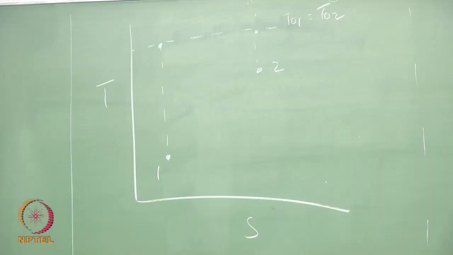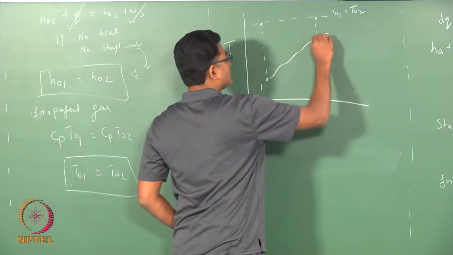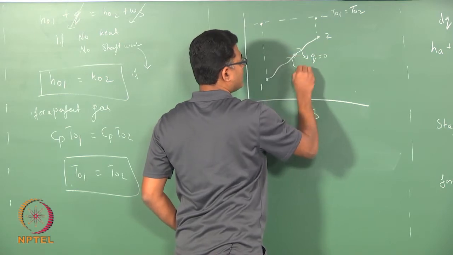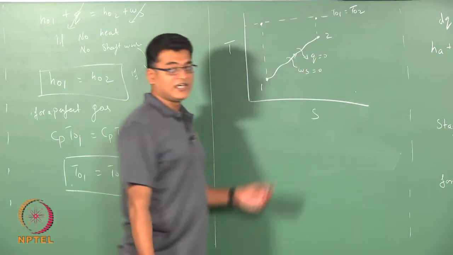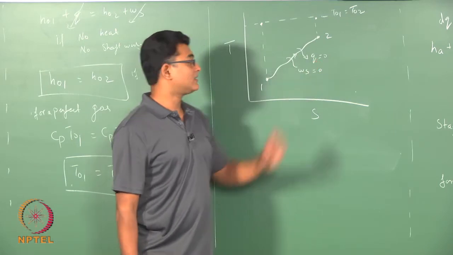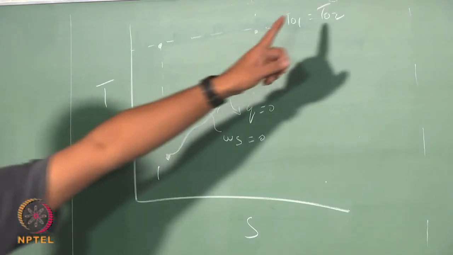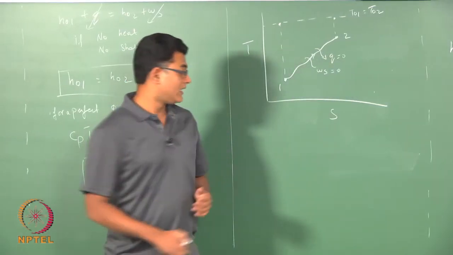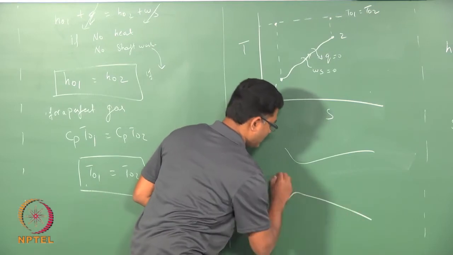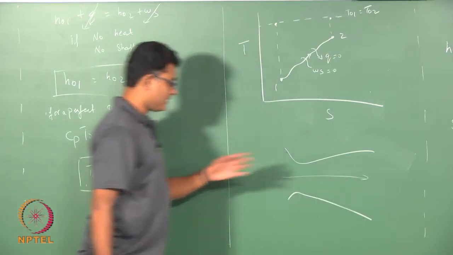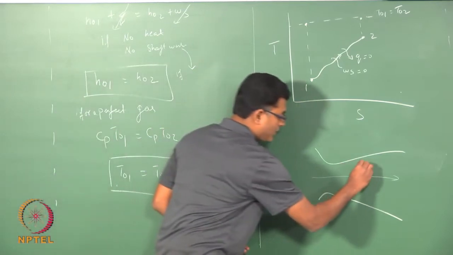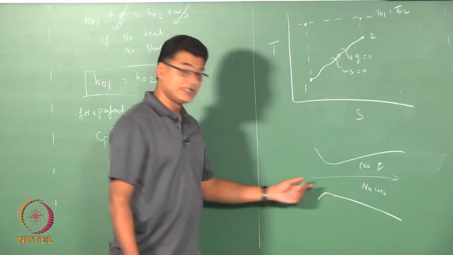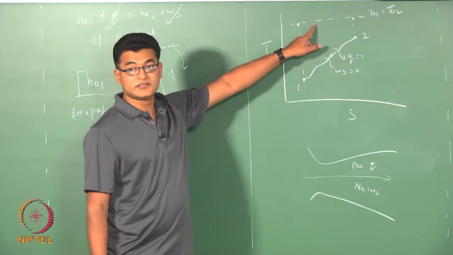Okay. So, remember there is no Q and no Ws. Shaft work is 0, the heat transfer is 0 for this to be valid. So, if I have a nozzle, flow is from this side, there is no Q, no Ws. In such a scenario, I can assume this.